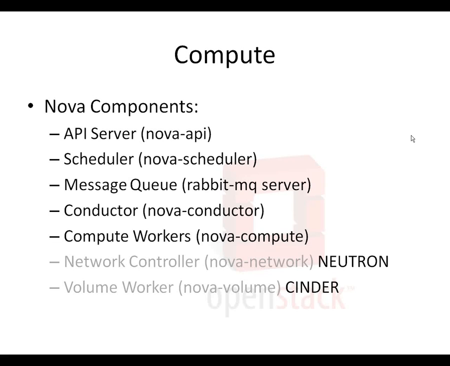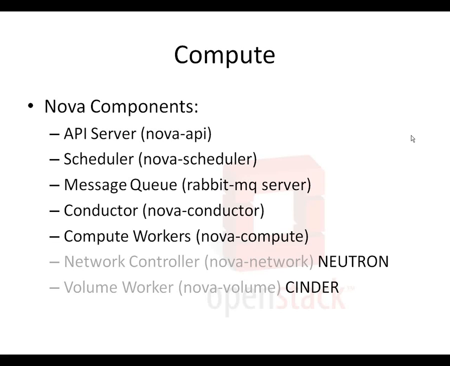Over here, the main controller will send messages through the messaging queue to this Nova compute. The messages will be like: create this VM, delete this VM, and provision this network, things like that. And you need to mention this: there was a component called Nova network.